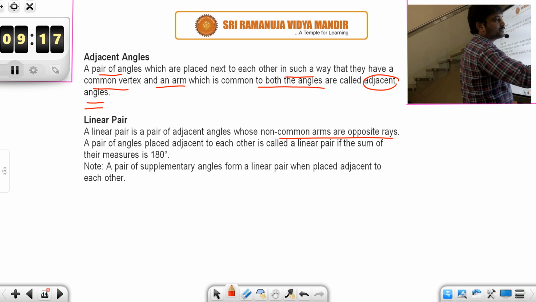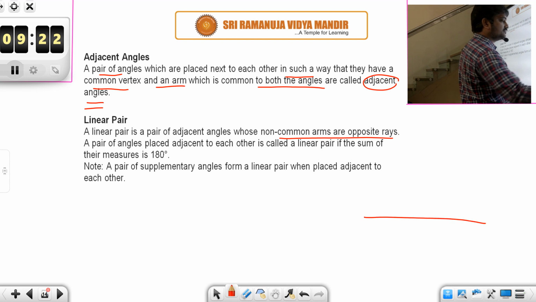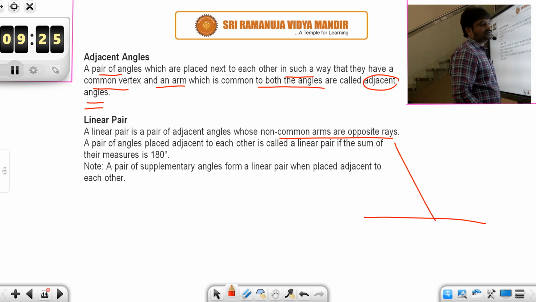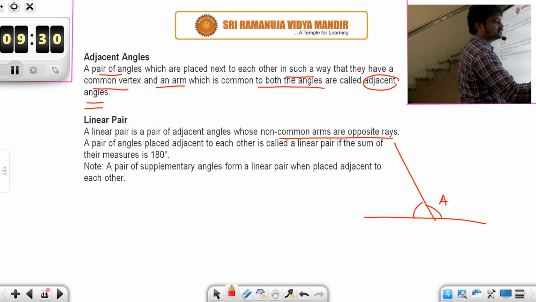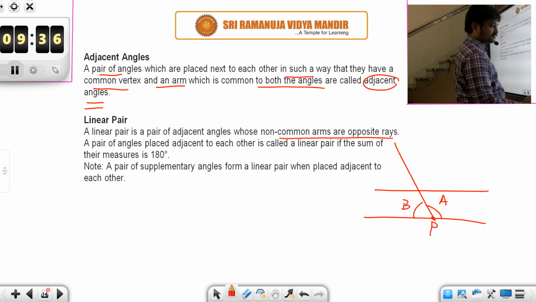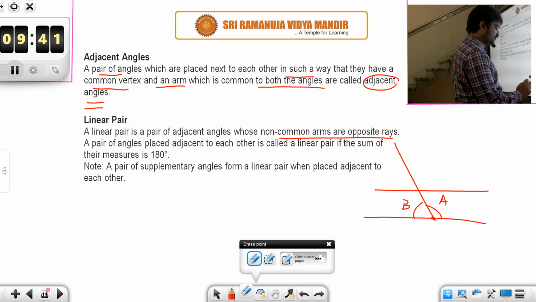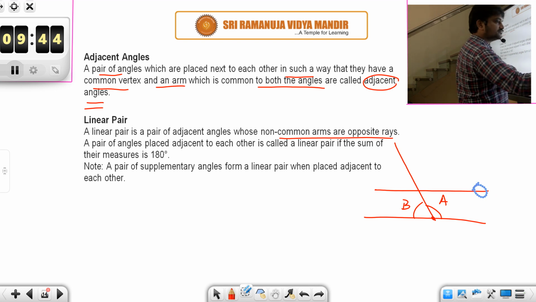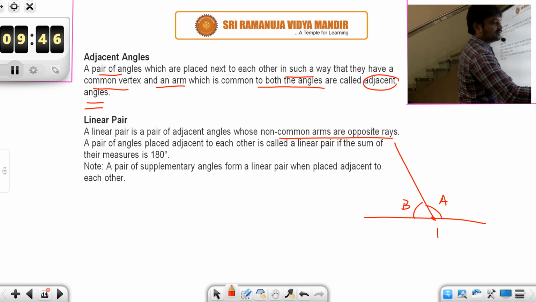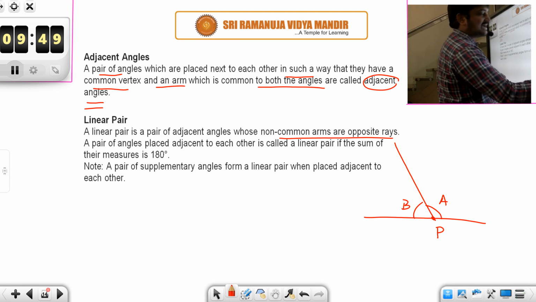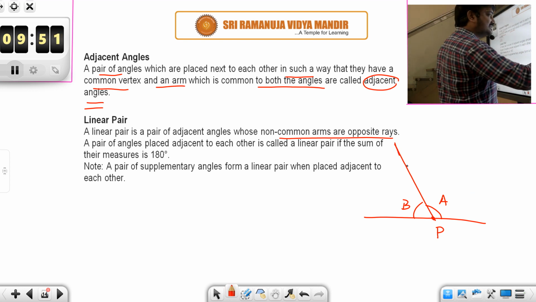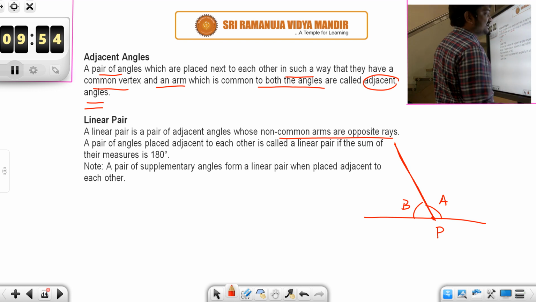That is, say if, okay. So now if you look at this, so this is A and this is B. Now if you look at this vertex P, vertex P is common to both the angles A and B, and this is the common arm for both the angles A and B, right?